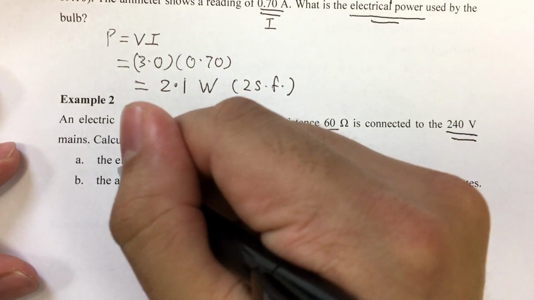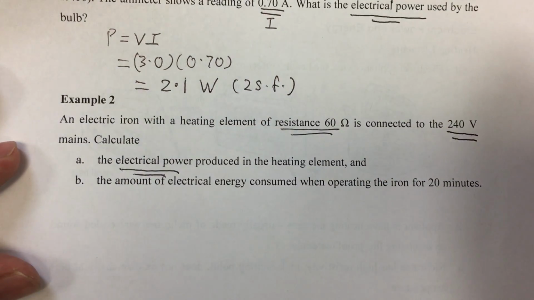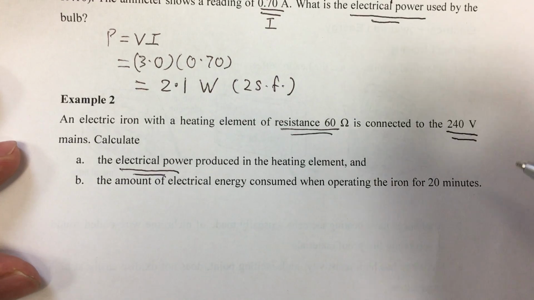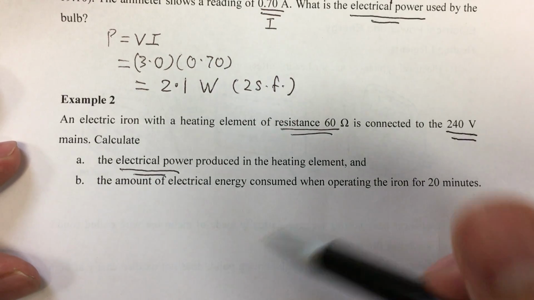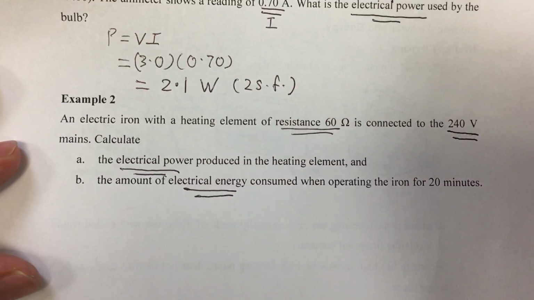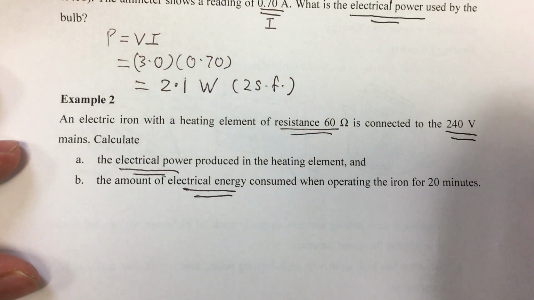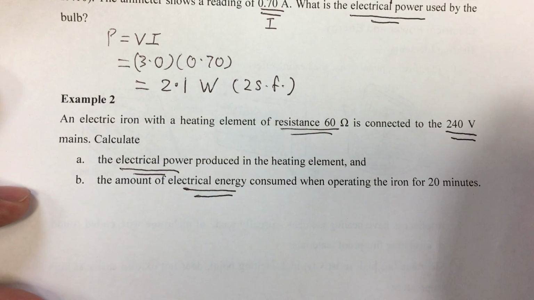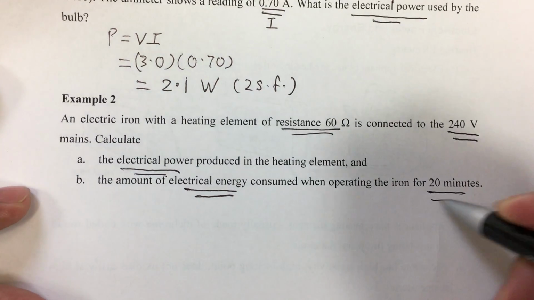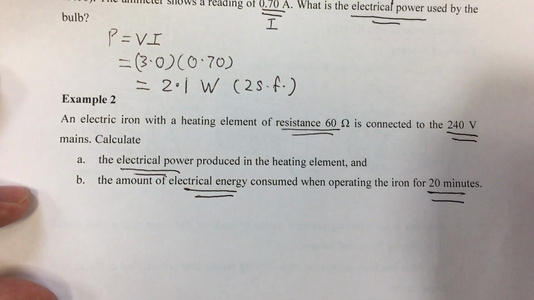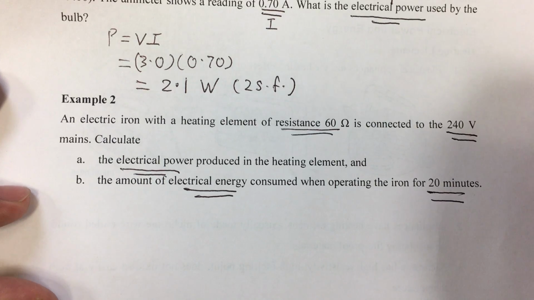Calculate the electric power produced in the heating element and the amount of electrical energy consumed when operating the iron for 20 minutes. Oh my, there's so much information available here.